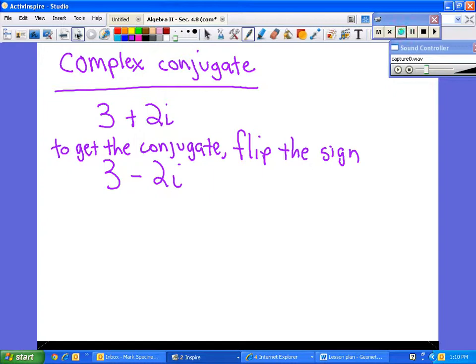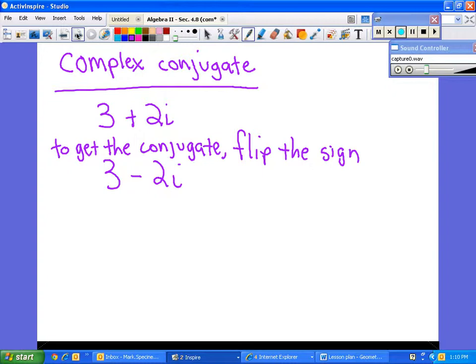These are called conjugates. It's some binomial rewritten with just the opposite sign. Now you might ask yourself, why am I telling you this? Excellent question.